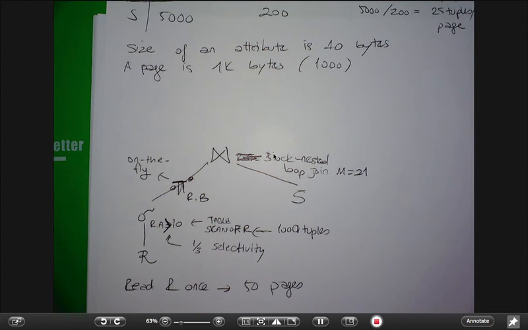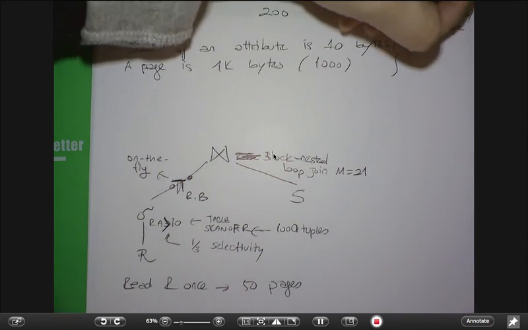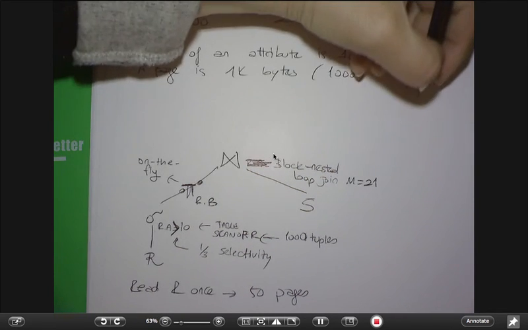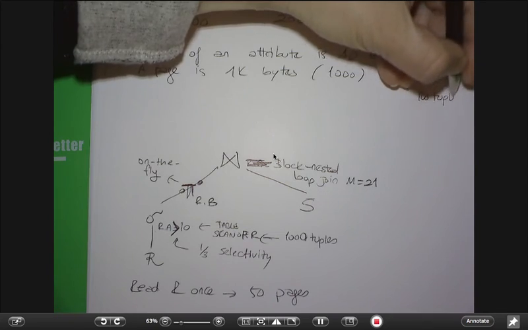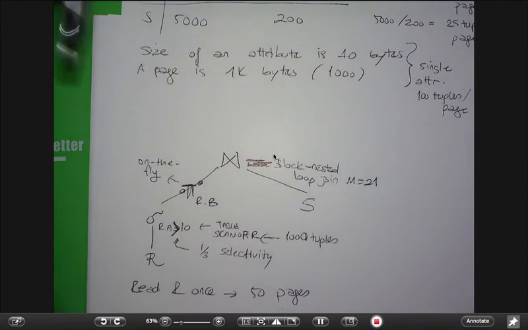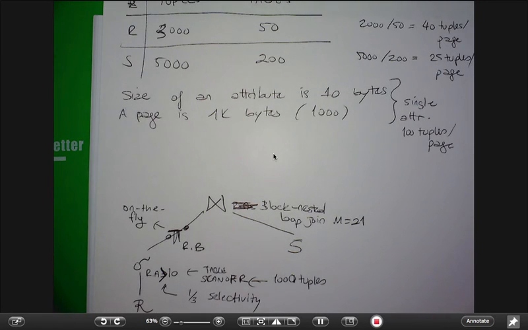So basically that means if you have a single attribute, you have 100 tuples per page. Do we understand that? A page is 1,000 bytes, so given only 10 bytes, you can have 100 tuples.